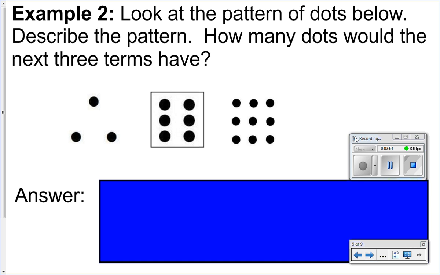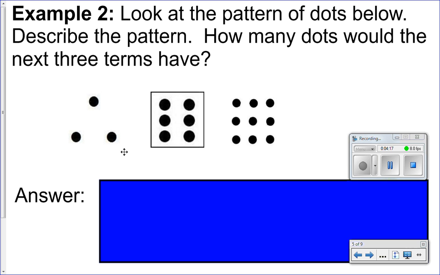Okay, here's another example. And I'm just going to ask you to ignore the box outline around the second term. This was the best image that I could find for the second item. But here's what you're going to do. You're going to look at the pattern of dots below. First, going to describe the pattern.